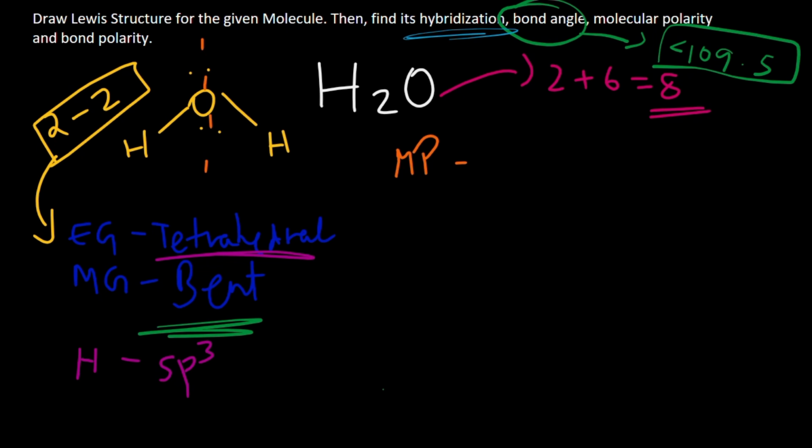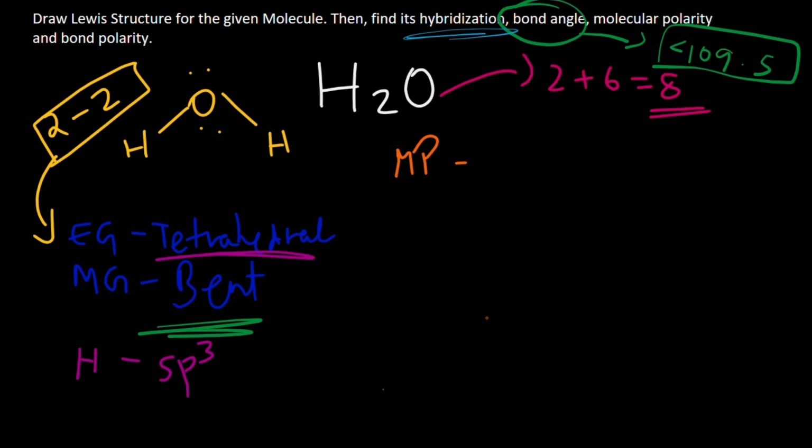It would be asymmetrical. So since it's asymmetrical, there's a chance that it's going to be polar. And the other thing that we care about when you talk about molecular polarity is dipole moments.